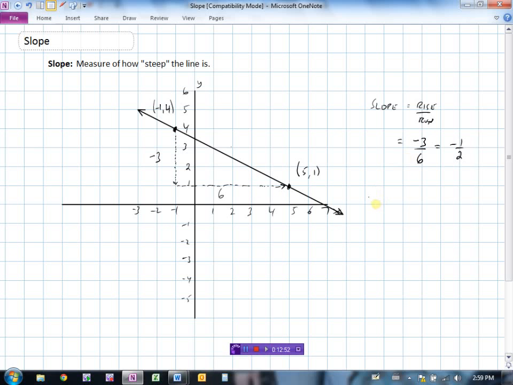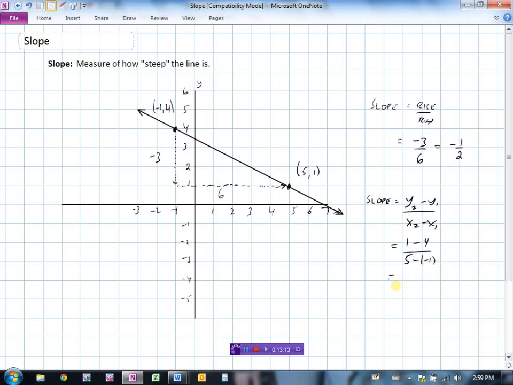And it still works fine with our points. If we do our y2 minus y1 over x2 minus x1, then this would be 1 minus 4 over 5 minus minus 1.